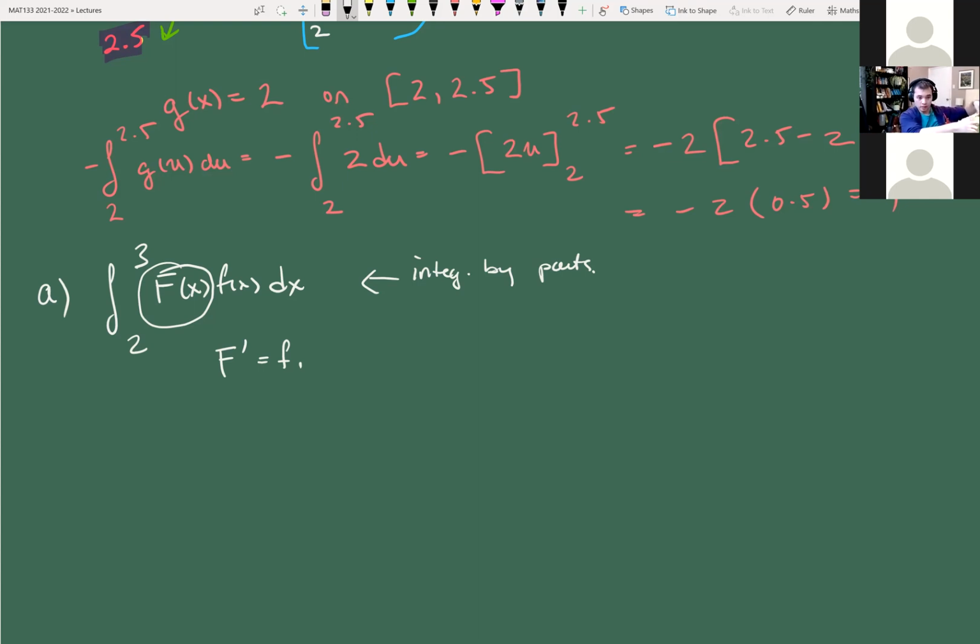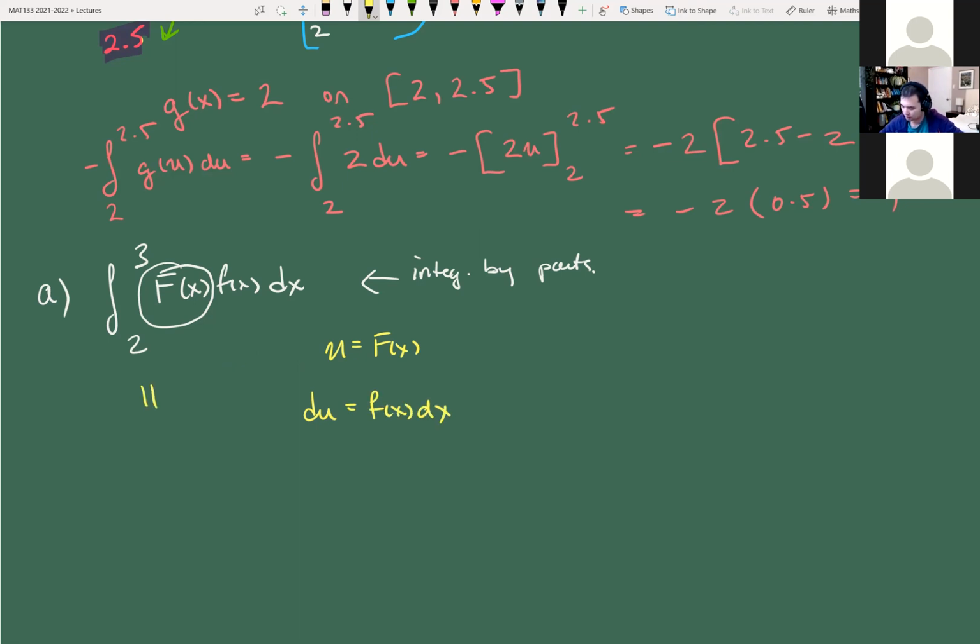Okay, so next, you could do u-substitution. The only thing you're worried about there is that your answer is probably going to be in terms of capital F. Do you know what I mean? So the natural thing to do here is to say, if you were to do substitution, let u be f of x, so du is little f of x dx.